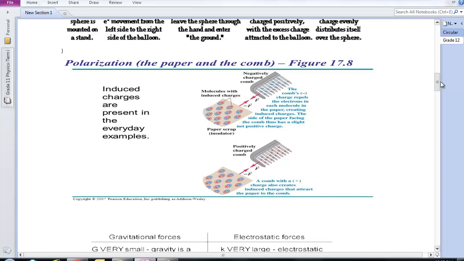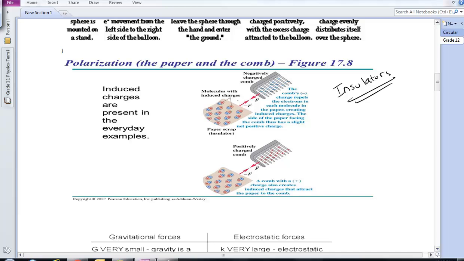Finally, we have polarization, which is also an indirect way of charge without any direct contact, but it takes place only with the insulators. So this process is only for insulators. For instance, if you have a comb that is negatively charged, and you have pieces of paper, the paper pieces are neutral while the comb is negatively charged.